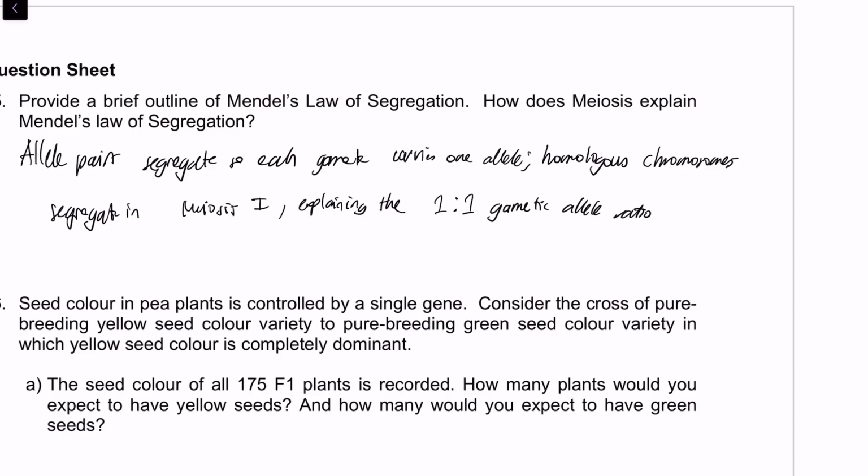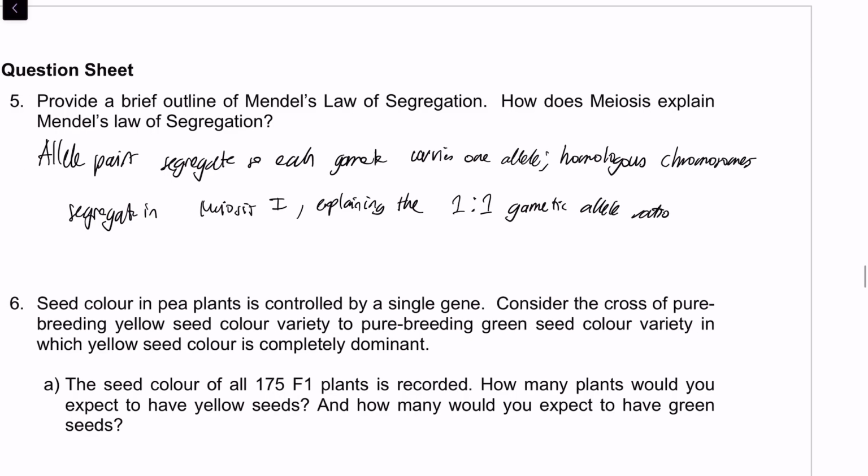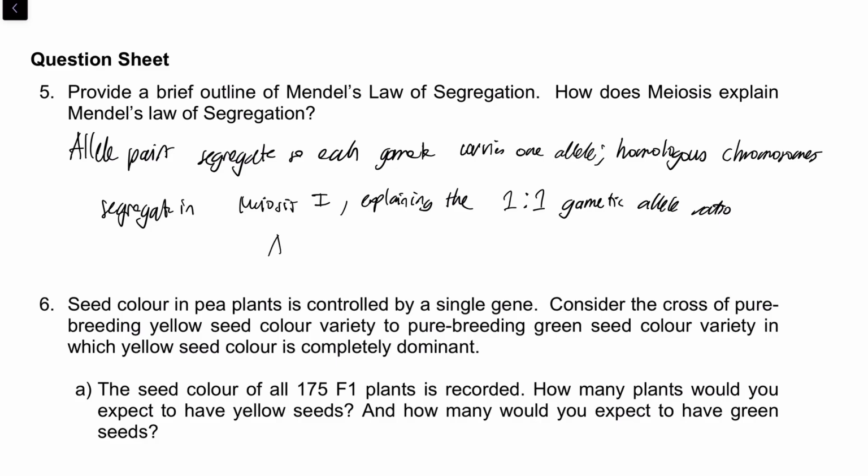Okay, so basically what we're talking about here is that members of a gene pair separate from each other in gamete formation. Okay, so if we have a heterozygous genotype from an individual, then the capital A would go into one progeny cell, and then the lowercase a will go into the other progeny cell after meiosis 1.